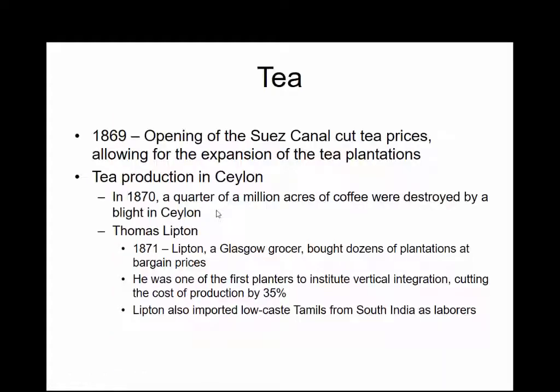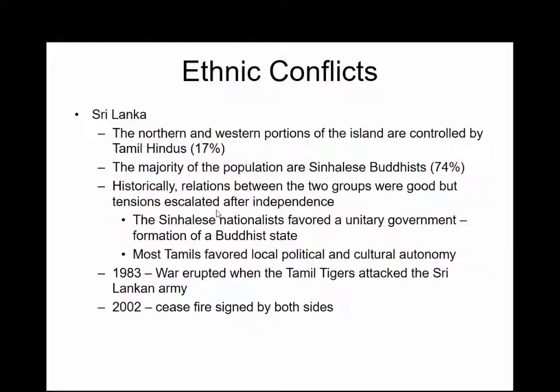Tea was a big export in Sri Lanka. So the opening of the Suez Canal in Africa and Egypt cut tea prices. And then we have ethnic conflicts between the Sinhalese and the Tamils in Sri Lanka.